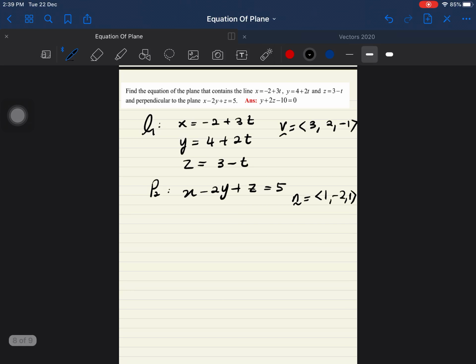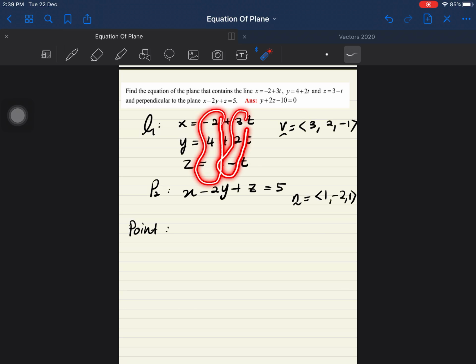Okay, so syarat untuk buat equation of the plane mesti ada point, kan? So apa you punya point? So point awak adalah this one, negative 2, 4, 3. Okay, so this is your point. Belakang ni merujuk kepada vector.